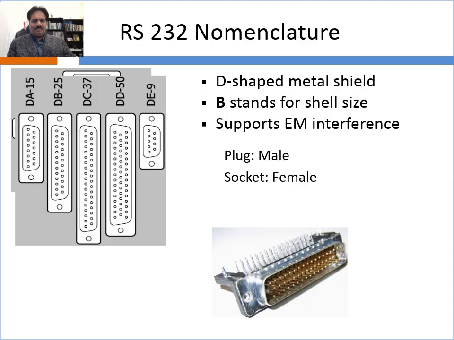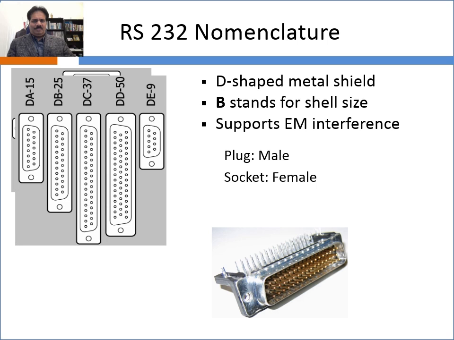There are actually families of the RS232 standard. They are called DA15, DB25, DC37, DT50, DE9. This D stands for a kind of D-shaped metal shield. As you can see, the contour of the interface looks like a D, so that's why D is there.